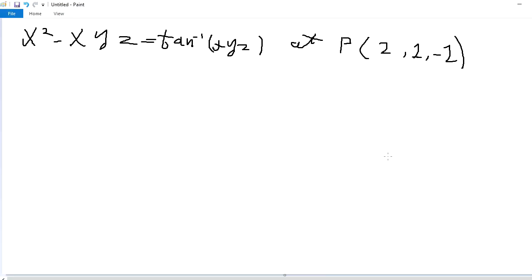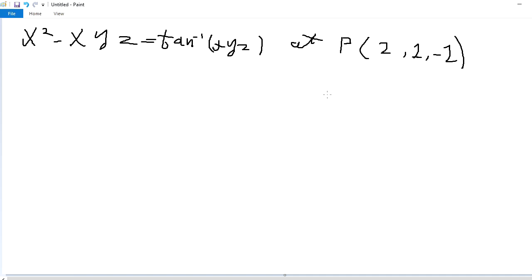Let's take another example here. As you see on the screen, the example says x squared minus x times y times z equals 10 tan inverse of x times y times z at the point (2, 1, negative 1).